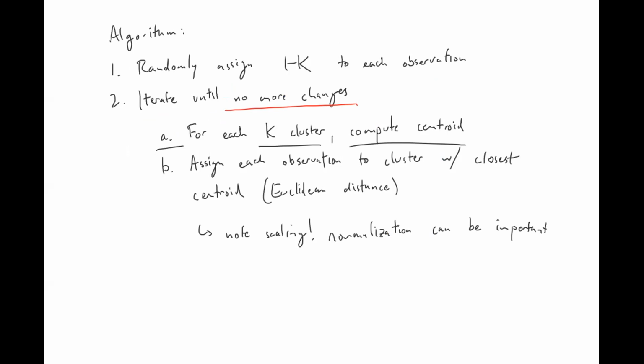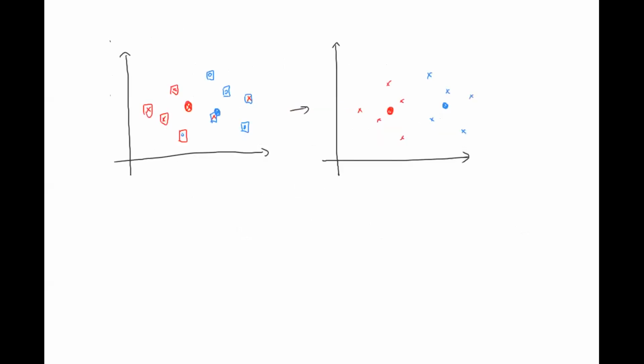The tricky part is in that plot over here. We said that there's only 2 clusters. So k equals 2.